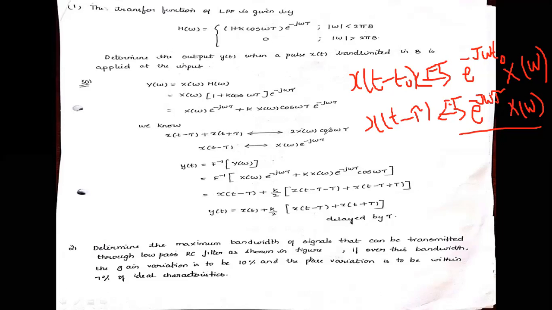How? You can write the cos function in terms of exponential values. I will explain: what is x of t minus tau? e power minus j omega tau X of omega, the Fourier transformation, my dear students.